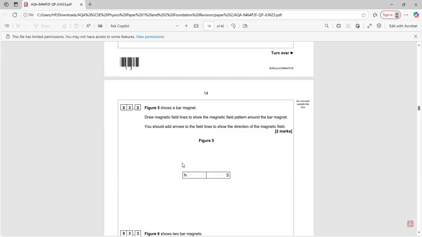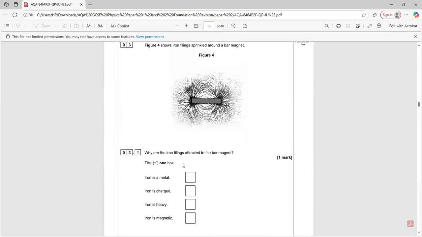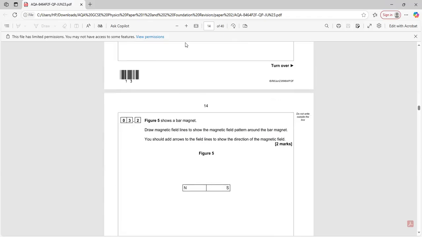And if you look at this first figure very well, you will see that those filings simply arrange themselves according to the force field line. So let me see if I can annotate. I'm sure you will see a better diagram in the mark scheme, but let me attempt to draw how it would look. So you would do this, right?